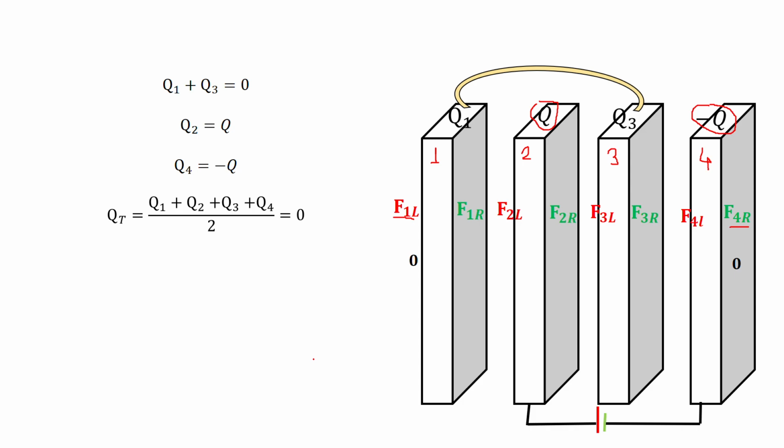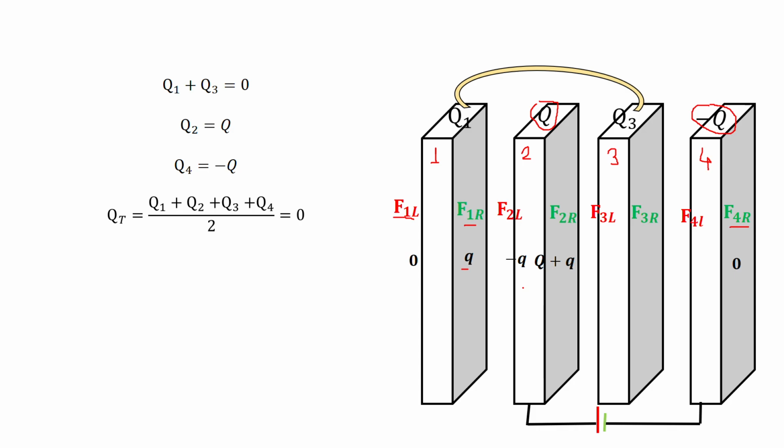Once Qt is known, suppose we assume that the charge appearing on F1R is small q. So by Gauss law, F2L will be minus q. This is based on Gauss law. And since the total charge on the second conductor has to be capital Q, the charge appearing on F2R should be capital Q plus small q.